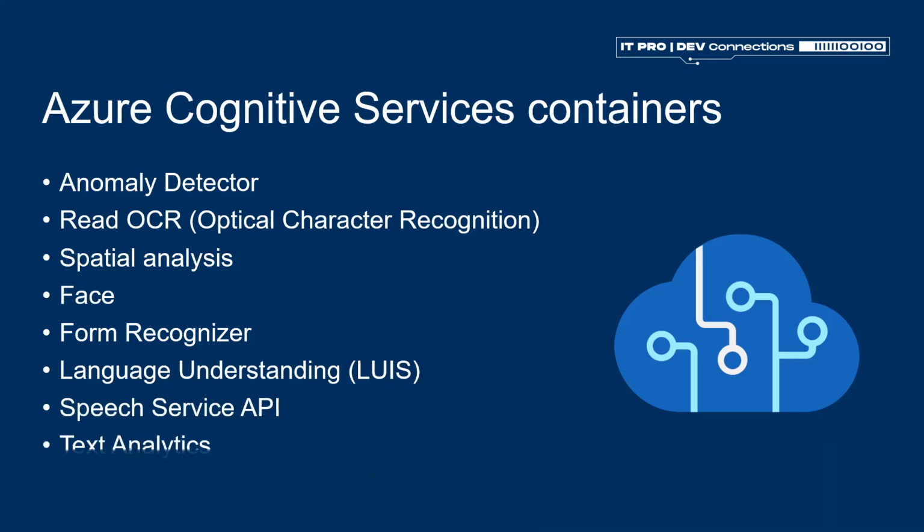Not all of those categories' features are supported, but a very large subset of those services does have support for containerization in Azure Cognitive Services images. A lot of them are being published every day. So if your feature is not yet supported, please wait a little bit, and usually it will be in the near future.